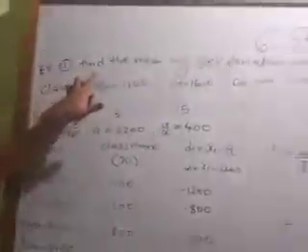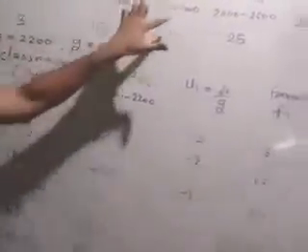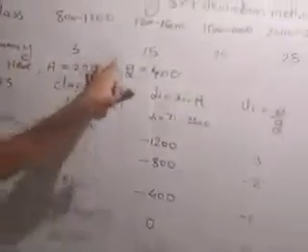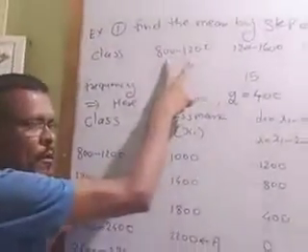First example: find the mean by step deviation method. Classes and frequencies are given, class 800 to 1200 and so on. When we make the table, we consider A. 800 to 1200, 2000 upon 2, the class mark will be 1000. The difference will be 400.